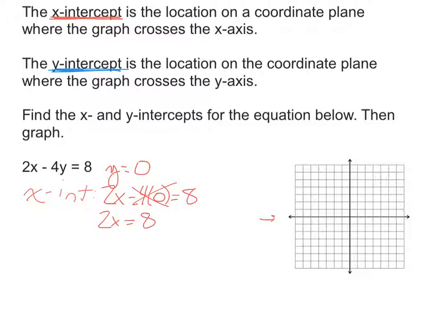And then I solve for x. So I'm going to divide both sides by 2, and I get a result of x equals 4. Now I input a 0 for y, and my output was 4 for x, so I have an ordered pair of 4, 0. So my first point is at 4, 0.